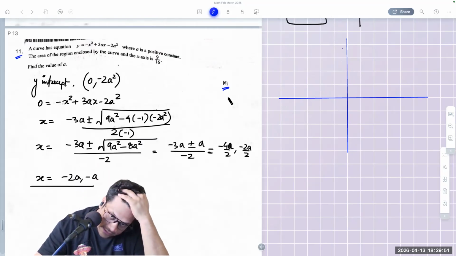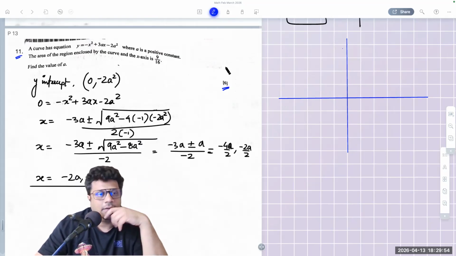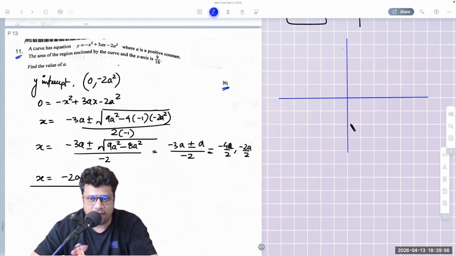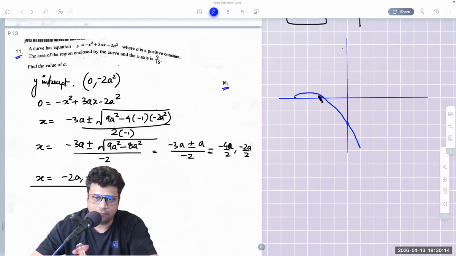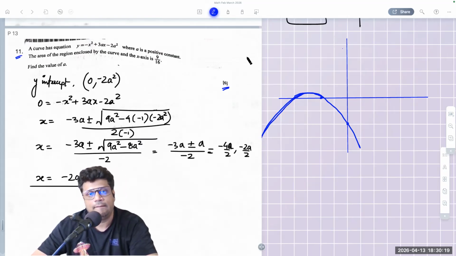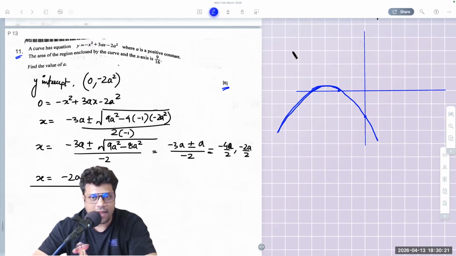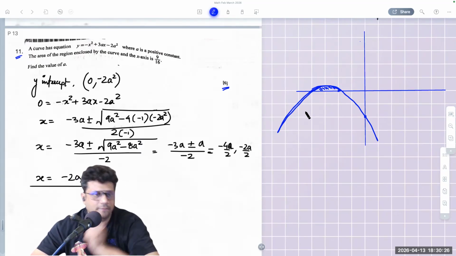So I think this is the one. So the y-intercept is negative 2a square. Let's place it somewhere here, maybe. Negative 2a and negative a can be out there, and it has to be flipped. So you are looking at something which goes like that. That's what it looks like, and the area trapped is this thing.